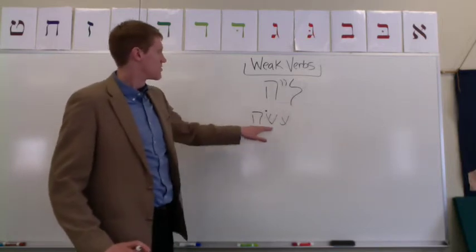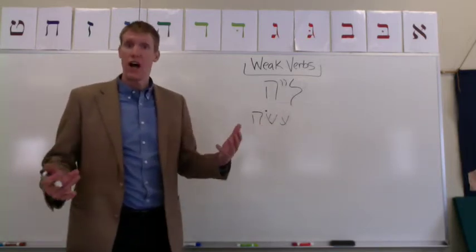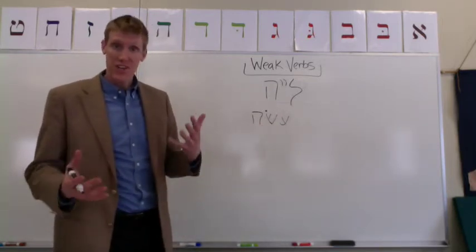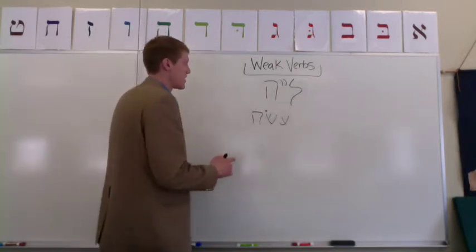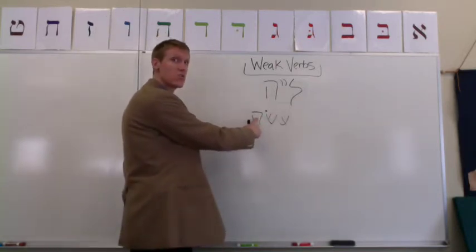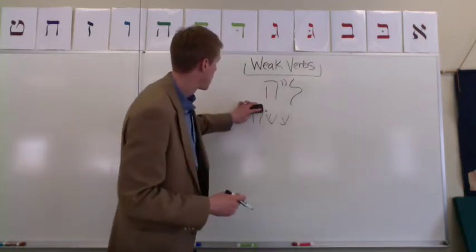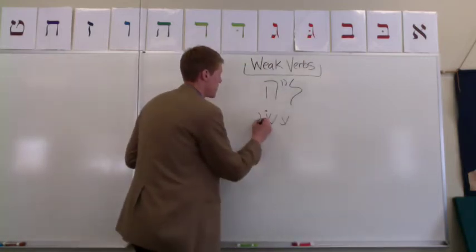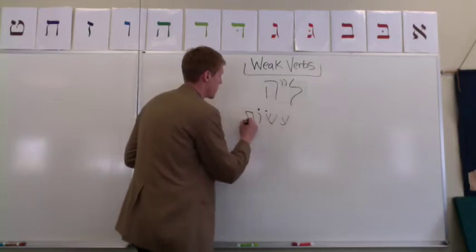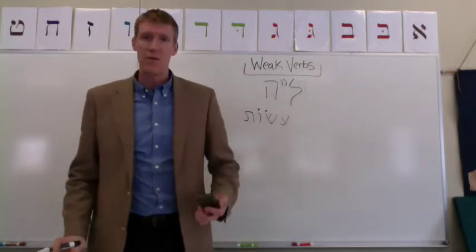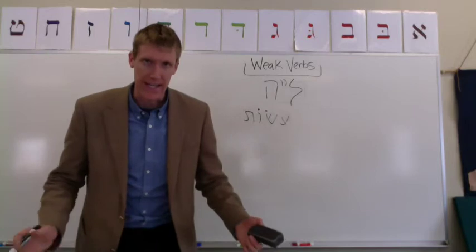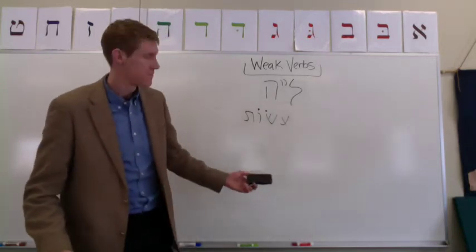When this verb appears in the infinitive construct, then the hey turns into a tav, but it does so with a vav between. So the lamid hey infinitive construct ending is ot.